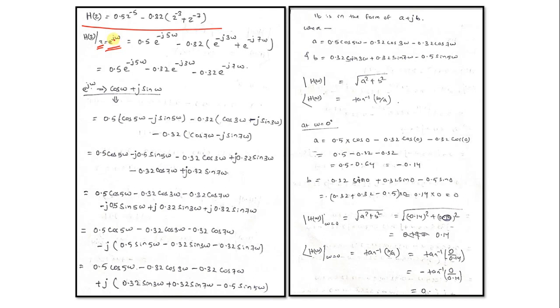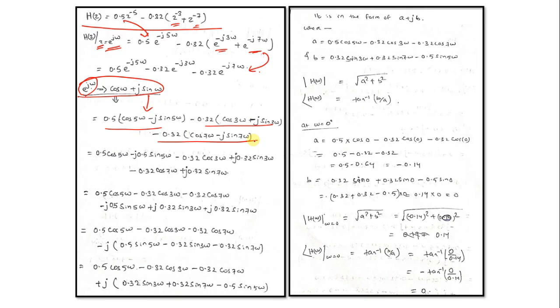So 0.5 multiplied by e to the power minus j omega 5 plus, again for these terms replace z with e to the power j omega. So you will get this type of equation. Now this can be broken down using e to the power j omega equals cos omega plus j sin omega. So you break it down, and you will get the expression in this fashion.